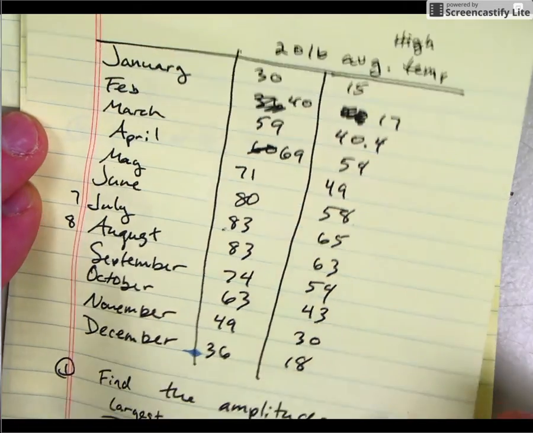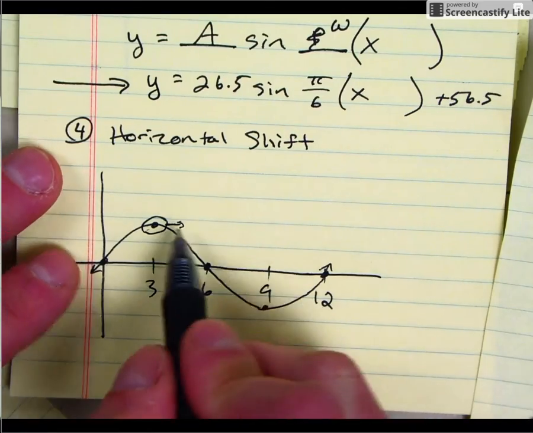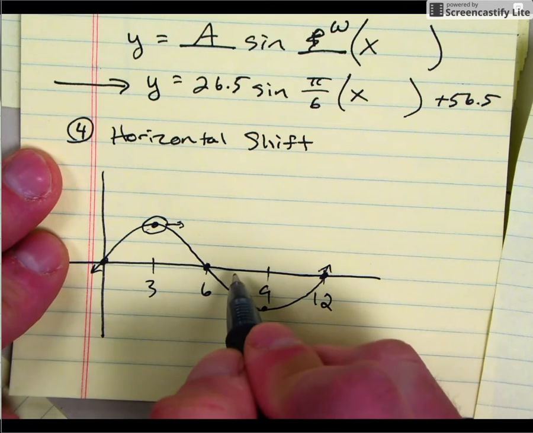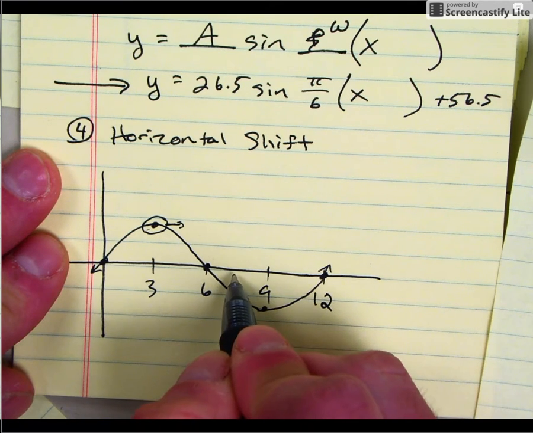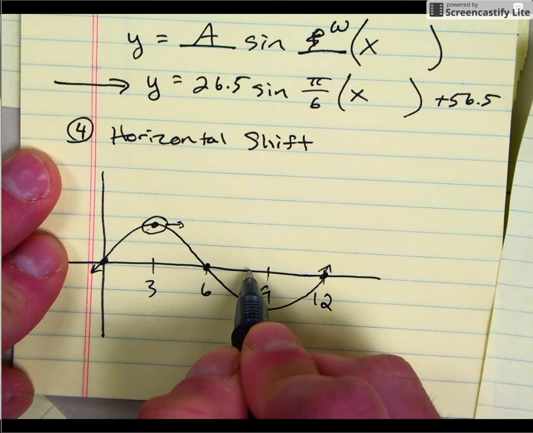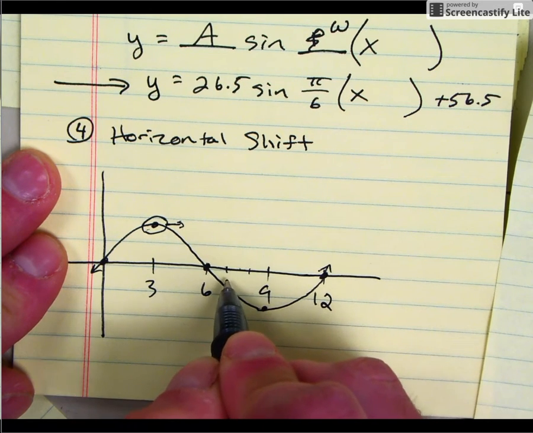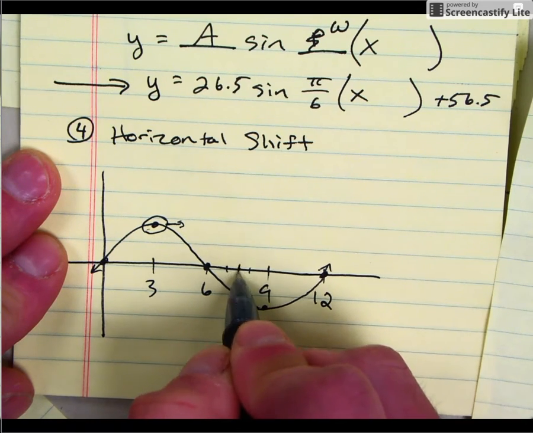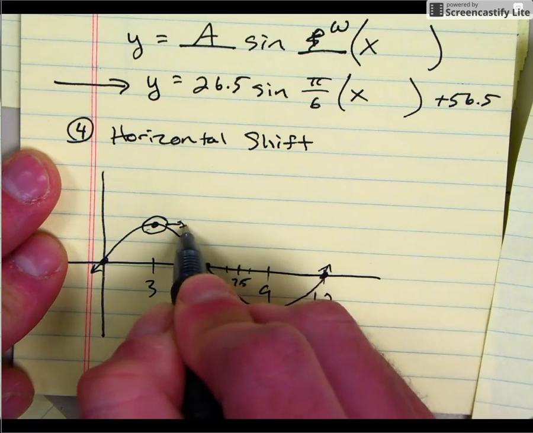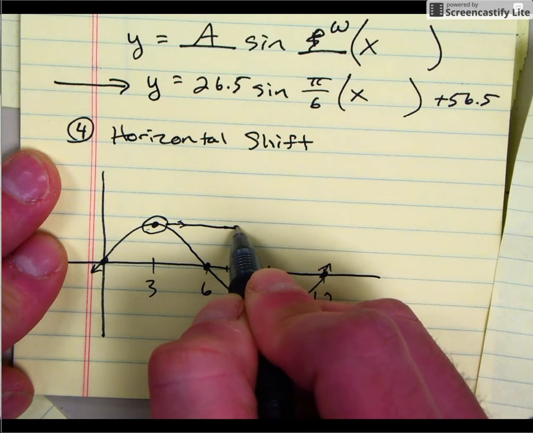So we want to shift this graph from 3 all the way over to 7.5. This would be 7, this would be 8. We want to shift it right here to 7.5.